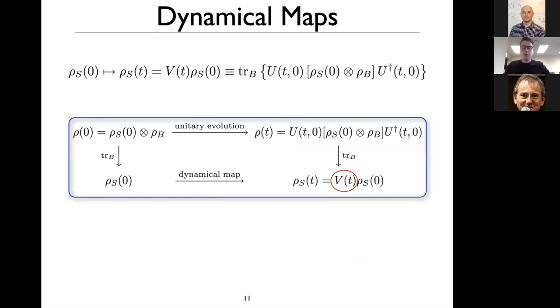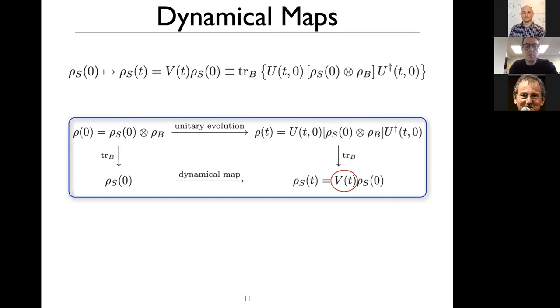Here I've just given a commutative diagram showing how you can obtain the reduced density matrix of our open system at some time t.